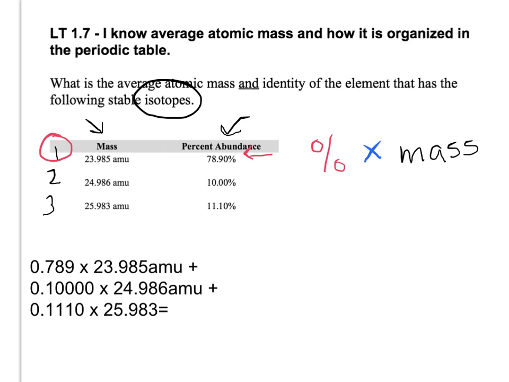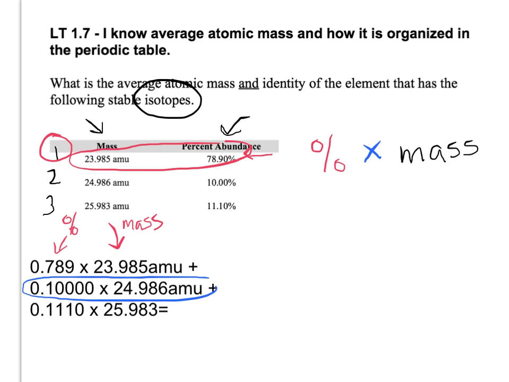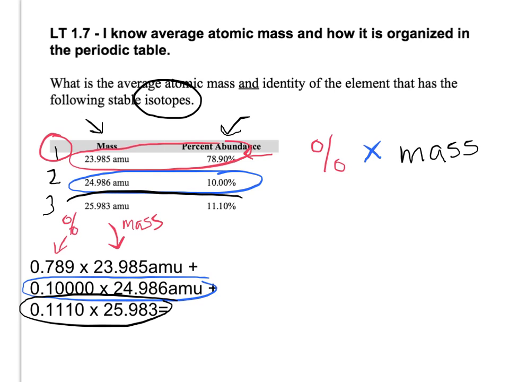If you don't understand what I did there, maybe rewatch that portion. Again, my percentage in decimal form times my mass. That's all of my first one, and then my second one is for my second one, and my third one is for my third one.